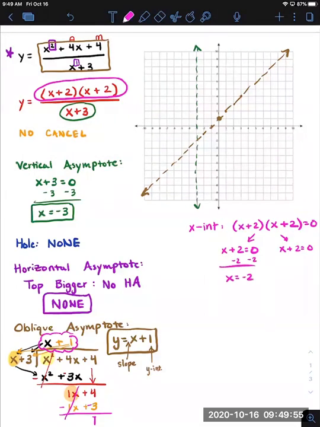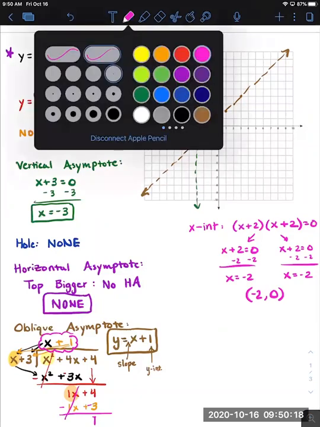We have x equals negative 2. And because it's the same thing, we get negative 2 again. I mean, they're just at the same point. So we're going to write negative 2 comma 0 as our x-intercept. So I plotted it on my graph.